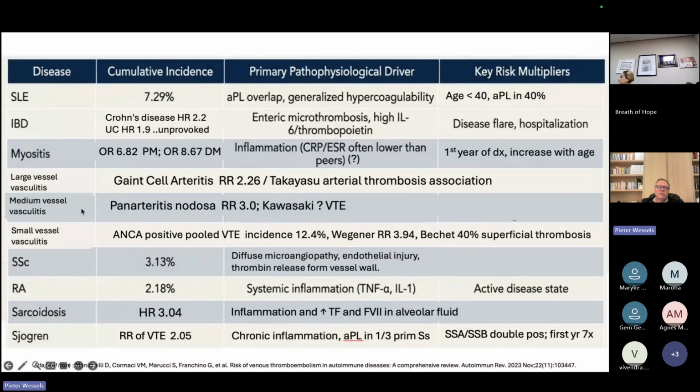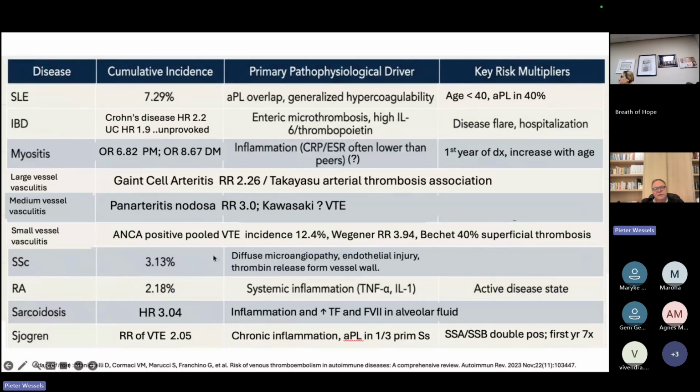What about your vasculitis? Large vessels, you can see the giant cell arteritis. What is the risk? PAN, you can see the risk. And then the important ones, the ANCA-positive patients, and that's why we often do the ANCA with vasculitis, because the incidence of VTE is much higher. Okay, and we know that Behçet can present with superficial thrombosis.